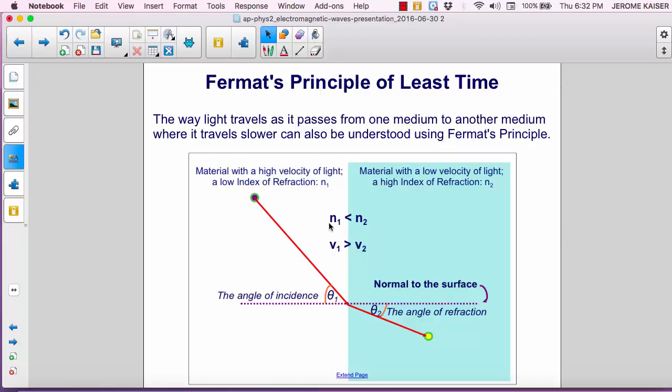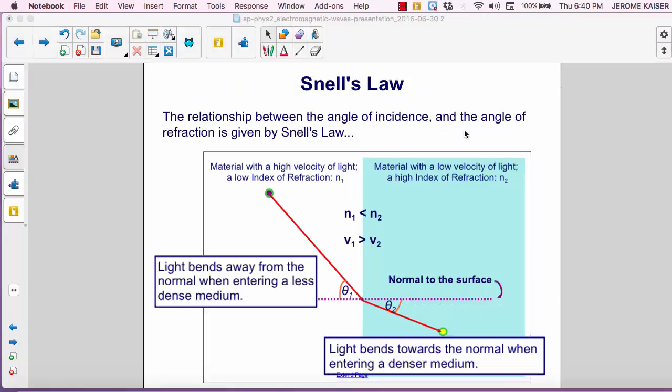As we go from low index to high index of refraction, we also know that we're going to go from high velocity to low velocity, very much like our person who goes from running to swimming. Fermat's principle of least time manifests itself as something called Snell's law for the refraction of light. Snell's law is the relationship between the angle of incidence and the angle of refraction.